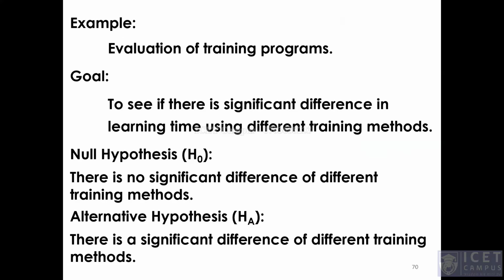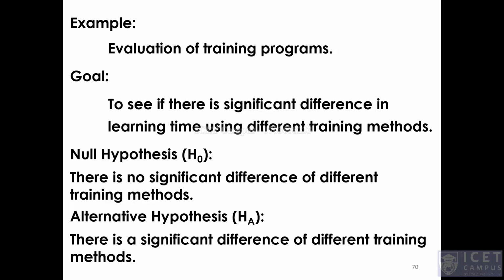Evaluation of training programs. The goal is to see if there is a significant difference in learning time using different training methods. There are two variables here: one is training method, the other is learning time.